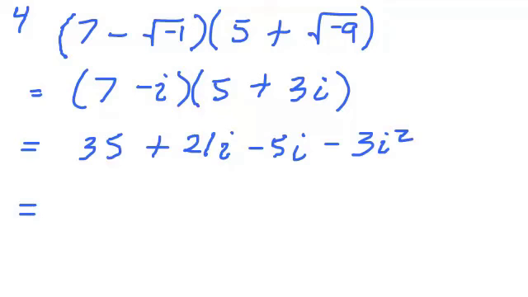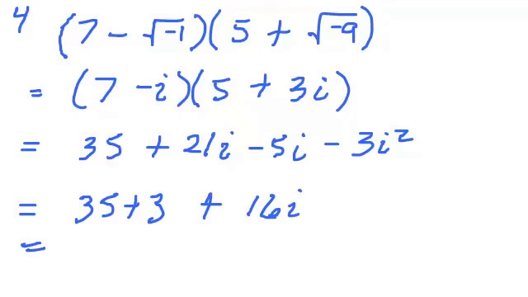Negative 1 times negative 3 is a positive 3. So we'll have 35 plus 3 plus, and then 21 minus 5 is, what is that, 16? Is that right, 16i? Okay, 16i. So this becomes 38 plus, in standard form, 16i.